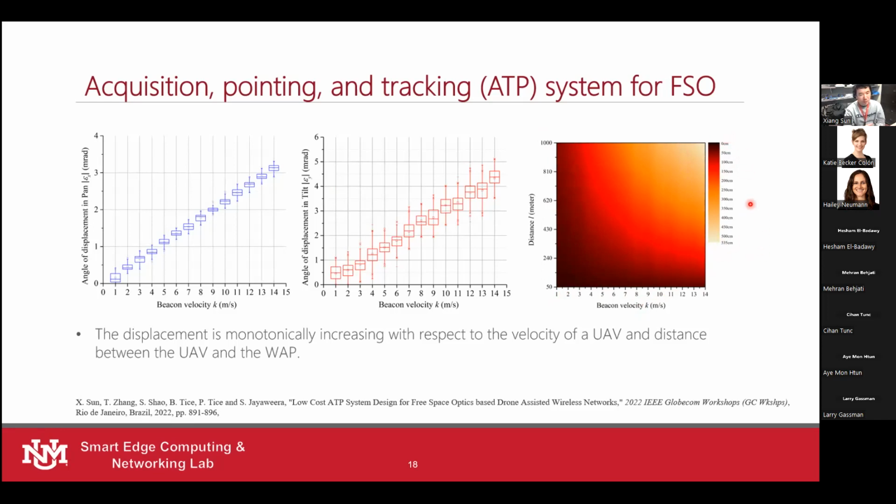This color bar represents the average displacement: a darker color means that the displacement is low, and a brighter color means the displacement is high. It's not surprising to see that this displacement is monotonically increasing with respect to the velocity and the distance between the drone and the base station.